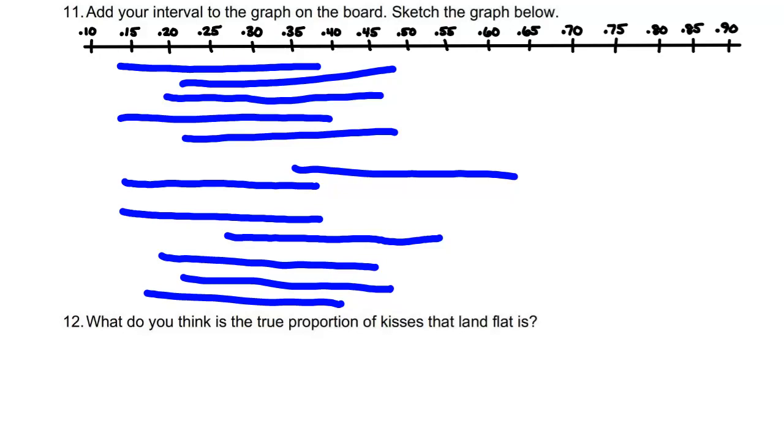What kind of a confidence interval were we using again? 95%. So looking at where these confidence intervals ended up, where do you think the true proportion of kisses that land flat actually would be?